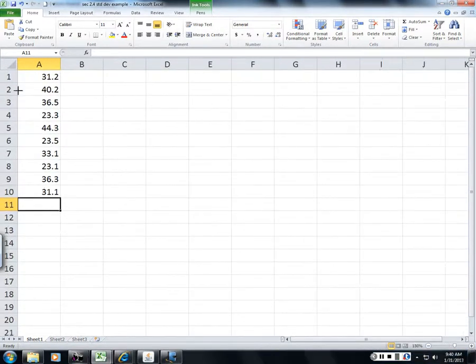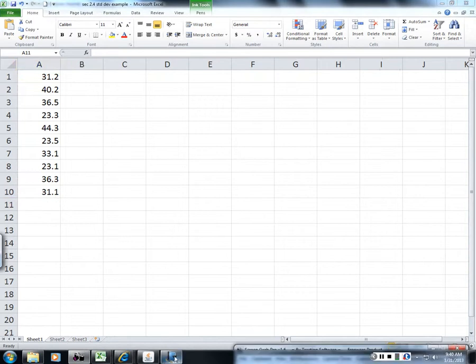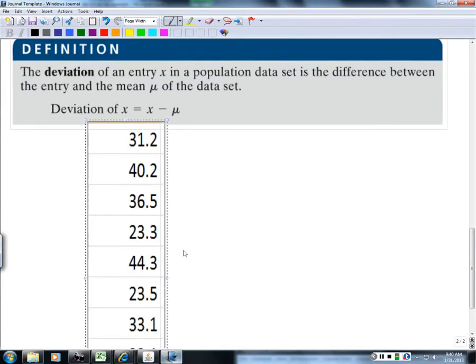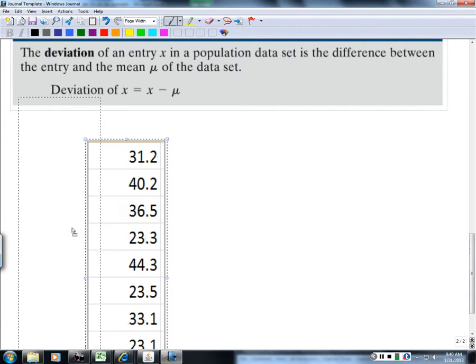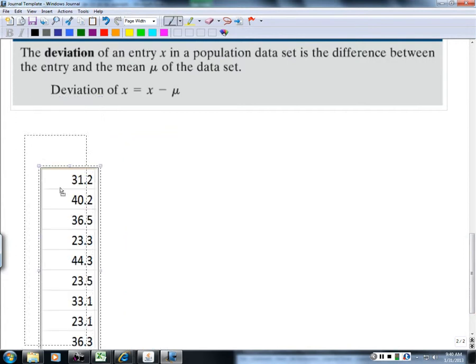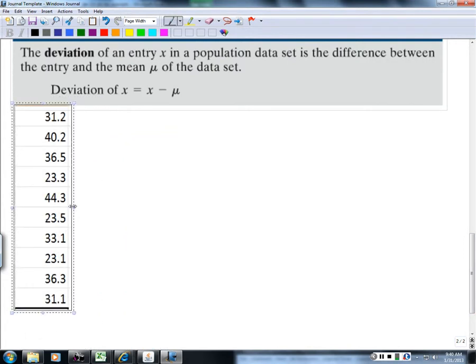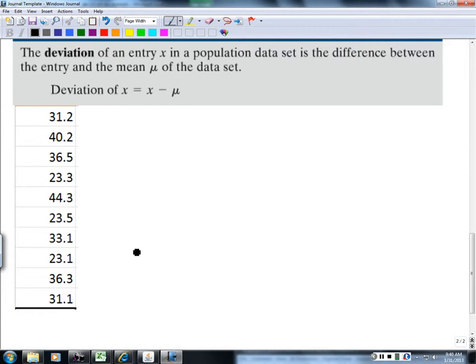There we go. All right. I have, let's say, the data values here. Okay. And I'm going to look at these data values. This is my population. Okay, I'm going to define this as my population right here.